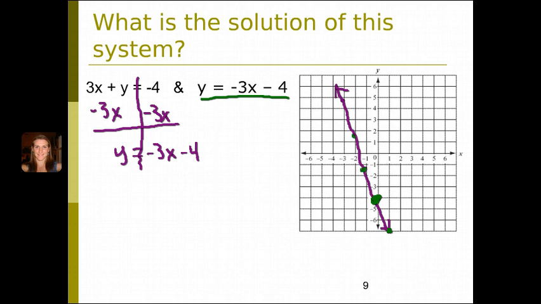Well, if you're noticing this, these two lines are overlapping. Okay? Well, what does that tell us about the lines? How many solutions would we have on these lines if they're touching everywhere? That means you would have infinitely many solutions.